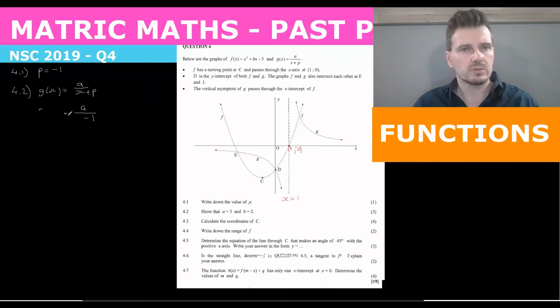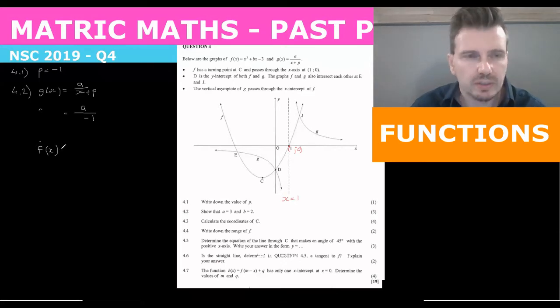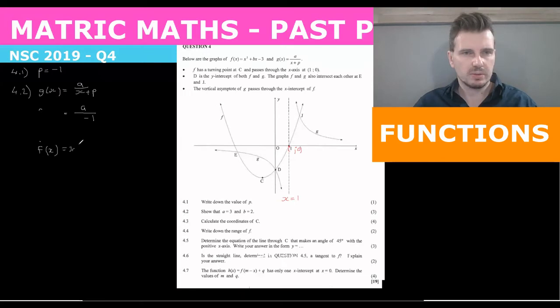Okay, we're not sure what the x and y of our hyperbola is, so let's go to f of x. F of x is equal to x squared plus bx minus 3. Well, we know that we are given a point on the parabola, (1; 0).